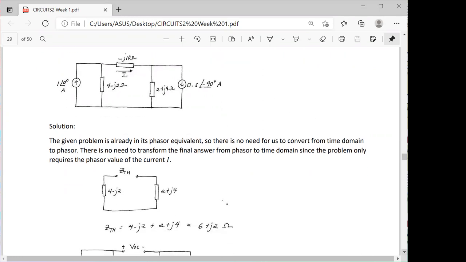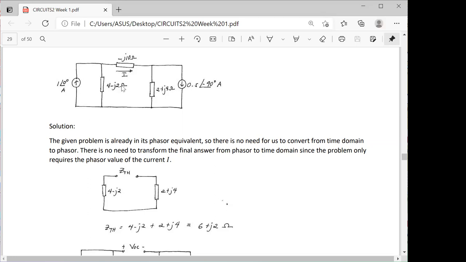Okay. For the solution, as you can see here, try to consider first the Z sub th. Of course, when we do that, we need to open these two current sources.